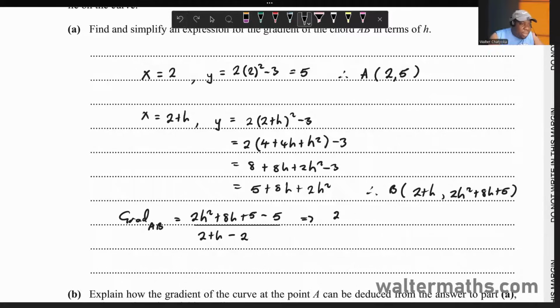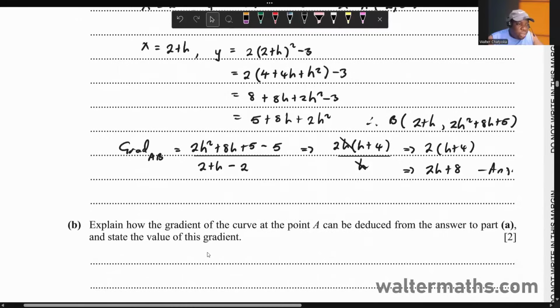We can write that as 2h of h plus 4, and that's over the denominator, which will just be h. So the h's cancel. So it's 2 of h plus 4, which can also be written 2h plus 8. So that's the answer here. Let's move on to part B.